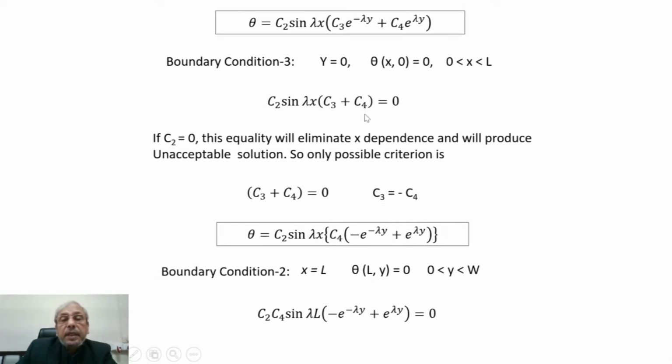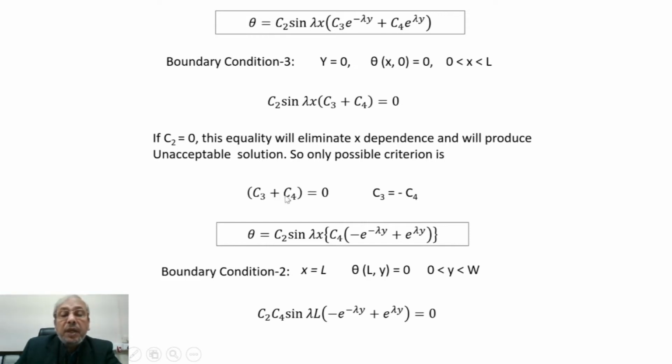Now in this equation, if C2 equal to 0, then we will eliminate the x dependent part of the solution altogether, because C1 is 0. If C2 is 0, then there will be no dependence on x. So this is unacceptable. That means the bracketed terms together are 0.